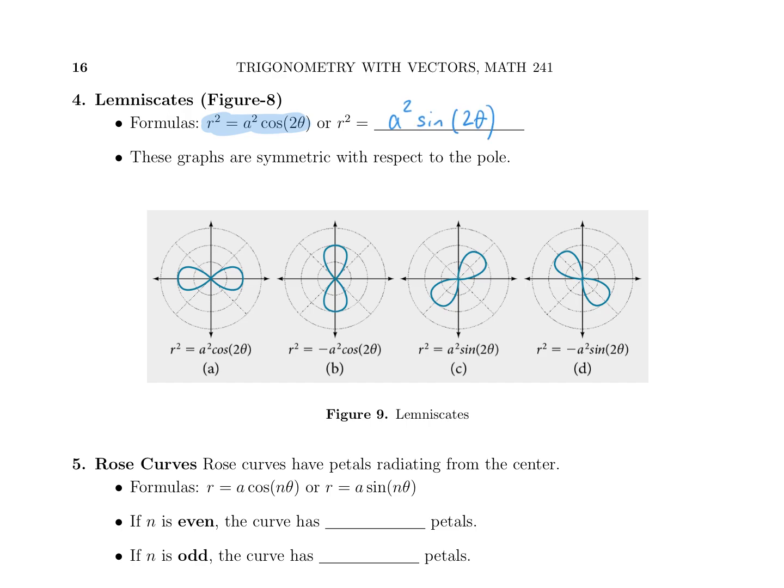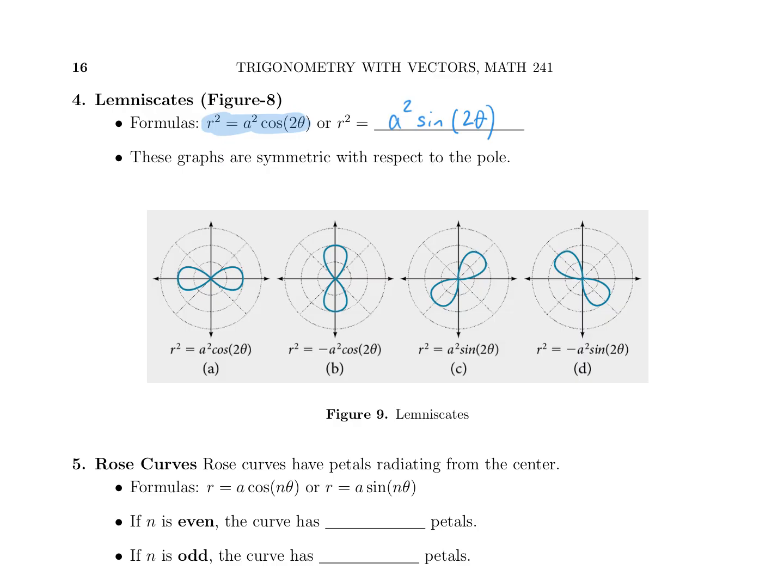The graphs of these look like a figure eight, an infinity symbol. Based on the a, whether it's positive or negative, it'll either take this orientation or this. And if it's a sine, then it will reflect over the pole, just like this one. Actually, all of these reflect over the pole. All four are symmetric with respect to the pole.